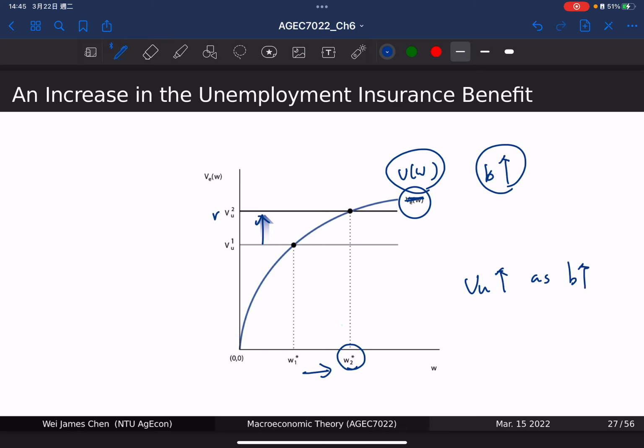If you don't work, then even a job that gives you 32,000 per month, you might not accept that job offer, right? Because you have to work 40 hours a week to earn $2,000 extra, right? That's very little incentive. So as the unemployment insurance is higher, my reservation wage, the lowest wage offer that I can accept, is going to go up. That's the basic intuition.